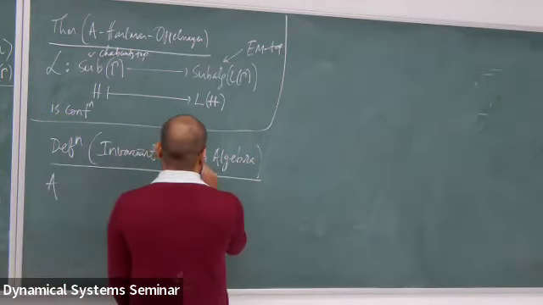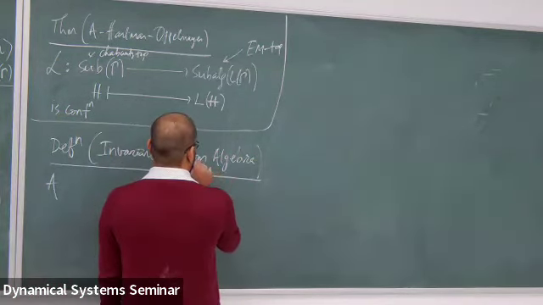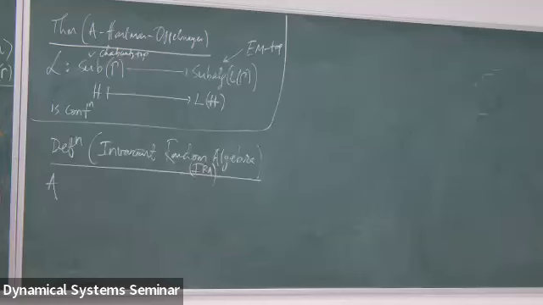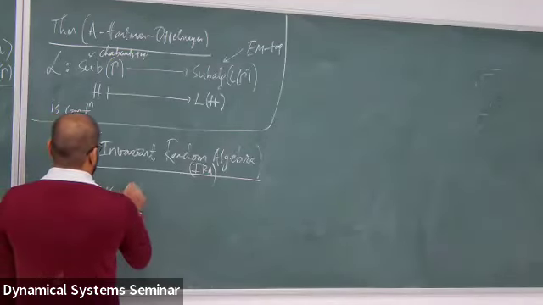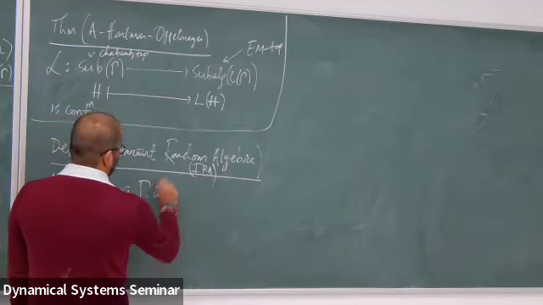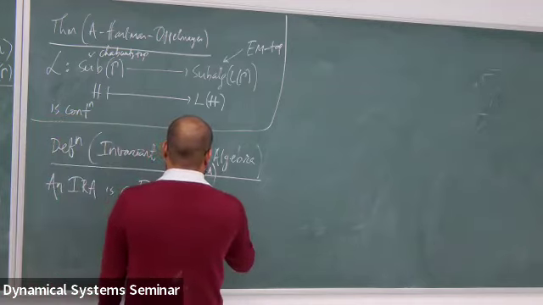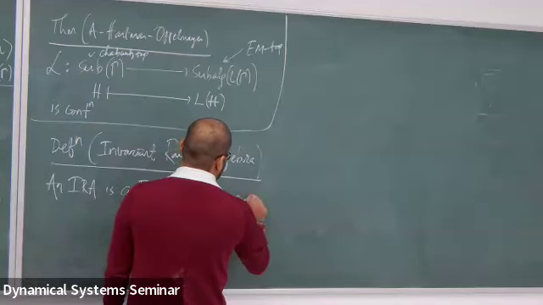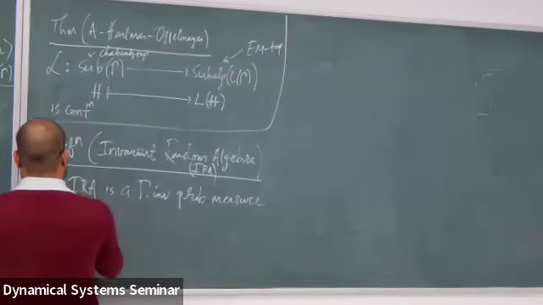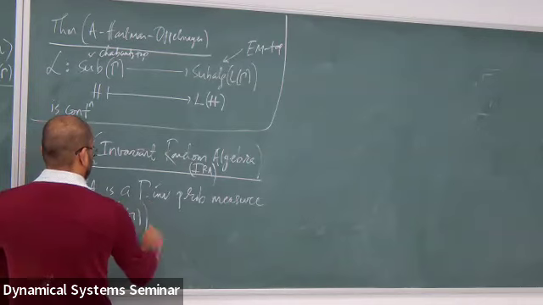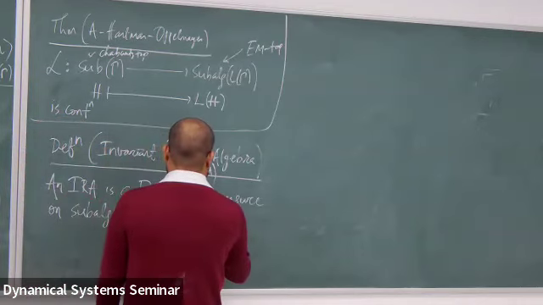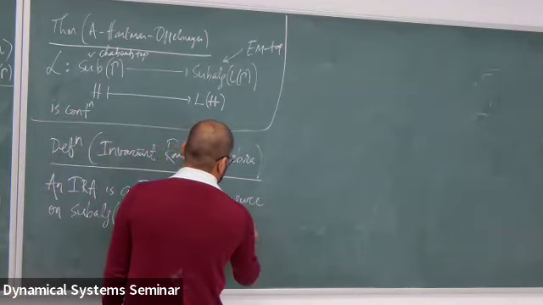Let me abbreviate it as IRA. An IRA is a gamma invariant probability measure on subalgebras of L gamma.